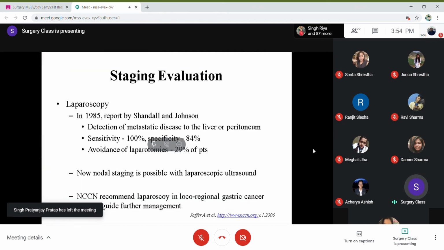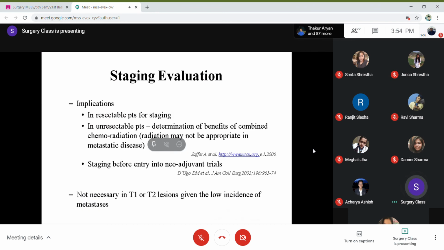If you see some ascites or peritoneal nodules, or liver metastasis, or it has involved the surrounding structures very badly, in those situations you can avoid surgery. Only a small hole will be there, as in a cholecystectomy, where you put a camera through the umbilicus and see whether the tumor is there or not.